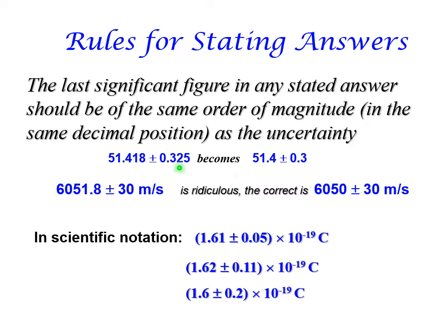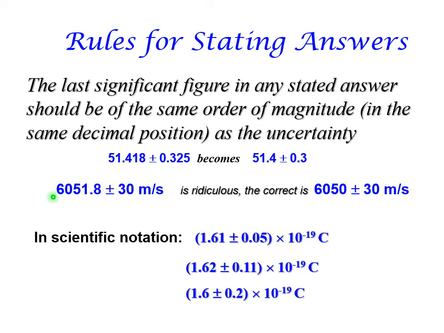So we have uncertainty 0.325. We round it to 0.3. That means our number 51.418 should be rounded to 51.4, the same digit as in your uncertainty.